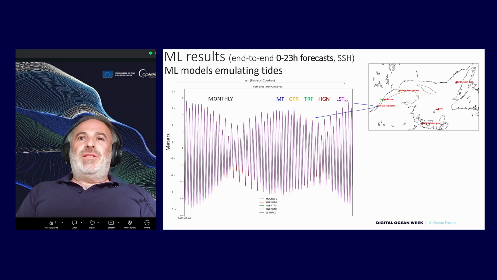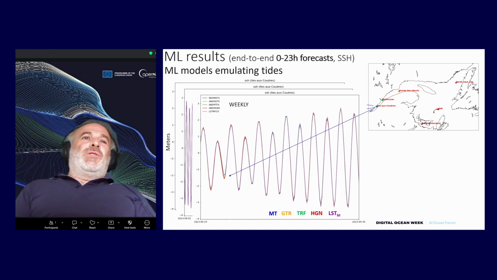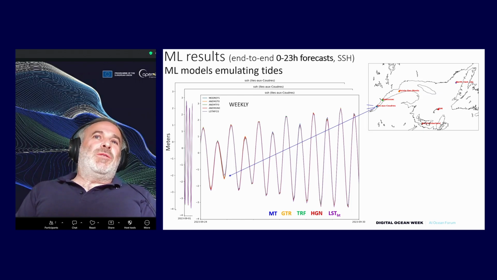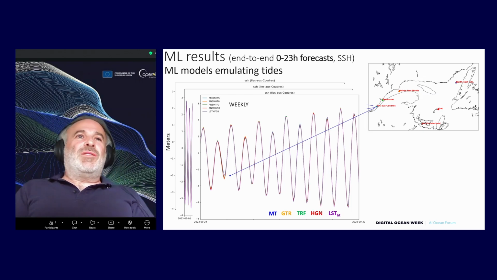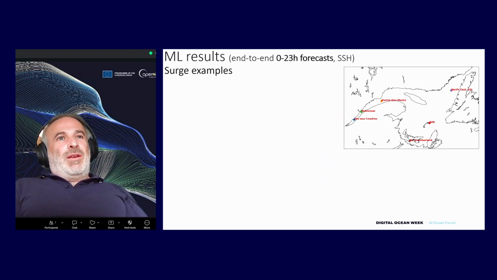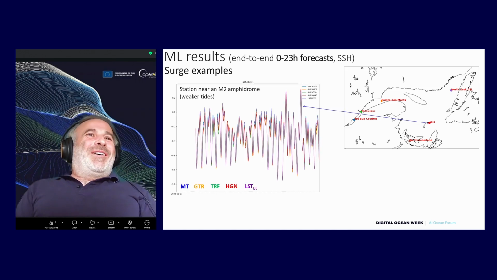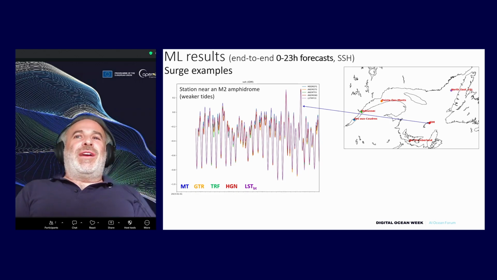If you look at it from a weekly perspective, then you start to see subtle differences between the curves, and these can be explained by the methodology we use in machine learning. Apart from the tide, we can also see a subtle surge here at the station.